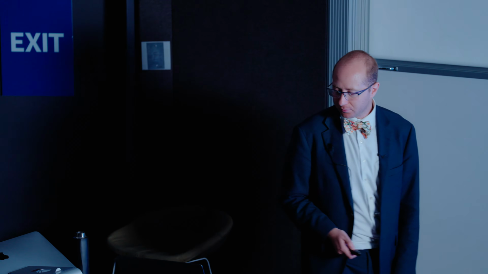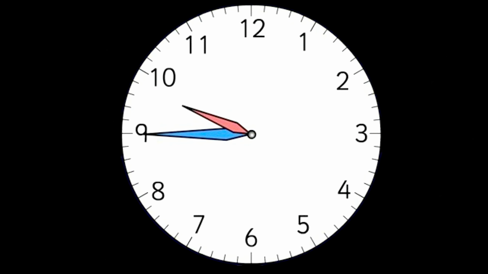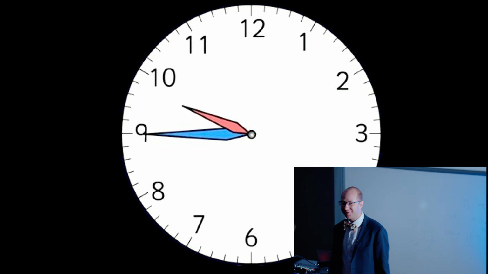Okay, that's good, but let's do a bit of maths. So here is a clock that I was looking at this morning, and it was 9 a.m. and I wanted to know what 9 plus 4 was. What's 9 plus 4? Come on, guys. What year are you in? What's 9 plus 4?